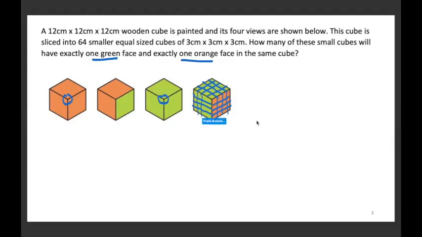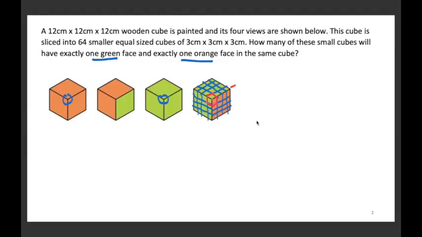Now, when you divide it like this, say for example, if you look at this edge, the cube in the corner has 2 green faces and 1 orange face. On this corner also it will have the same, 2 green and 1 orange, or 2 orange and 1 green, either of them.